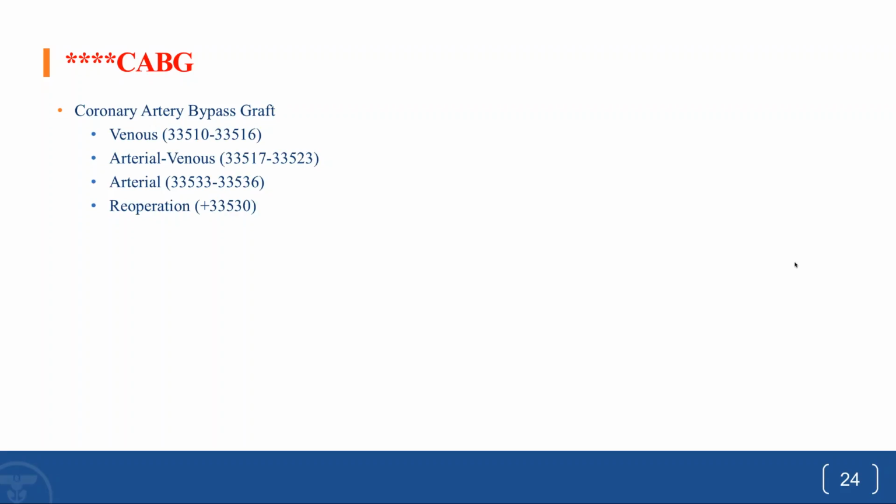And then you're looking to see if the patient had this procedure before, because you may need to use the reoperation code, which is a 33530. And we'll talk about that in a second.